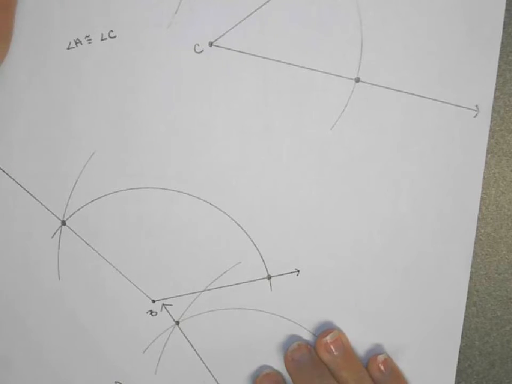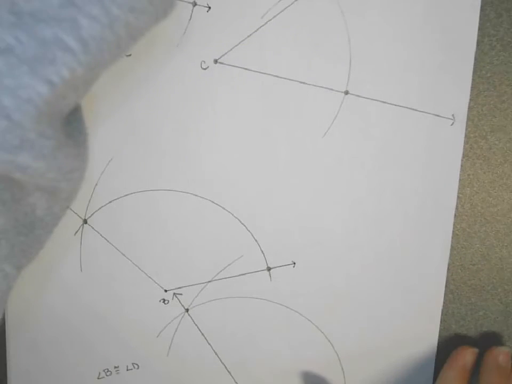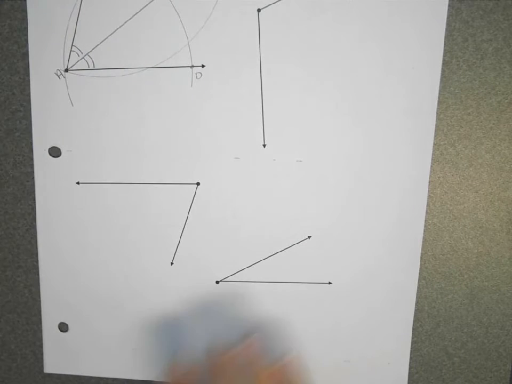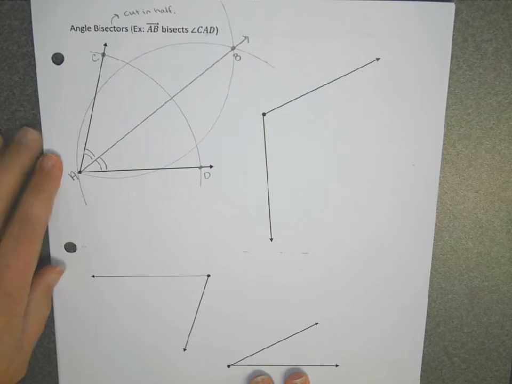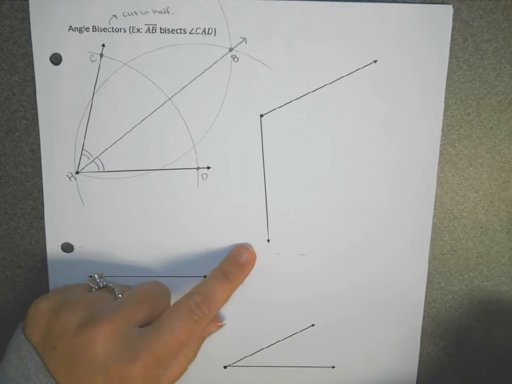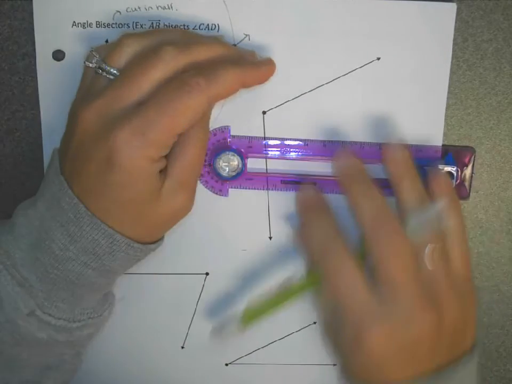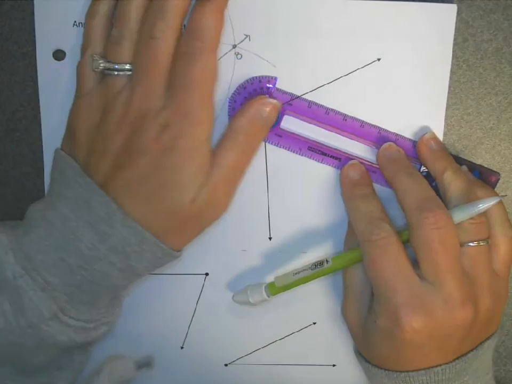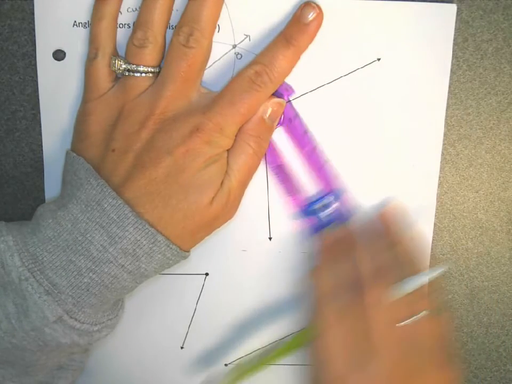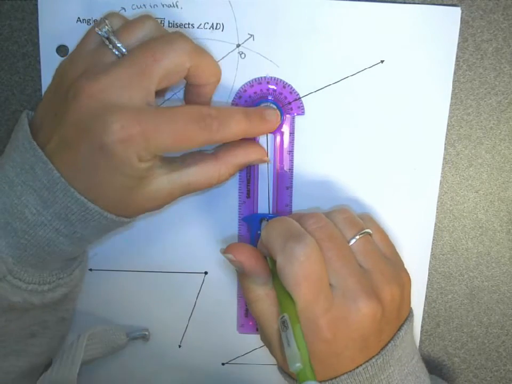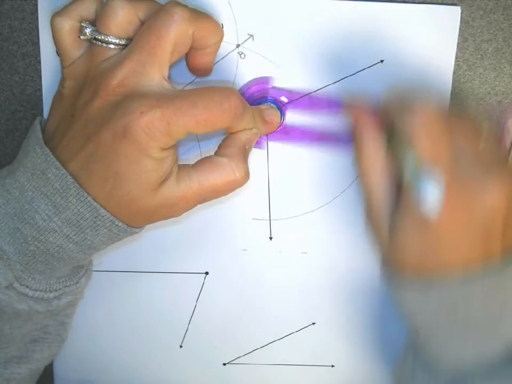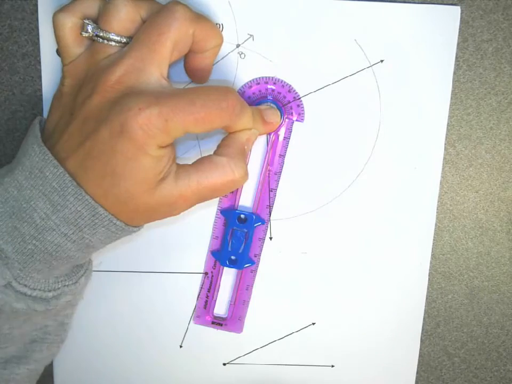The next basic construction is going to be the angle bisector. That is to cut an angle in half. So that's the one that has this loop-de-loop. I'm going to make an arc.